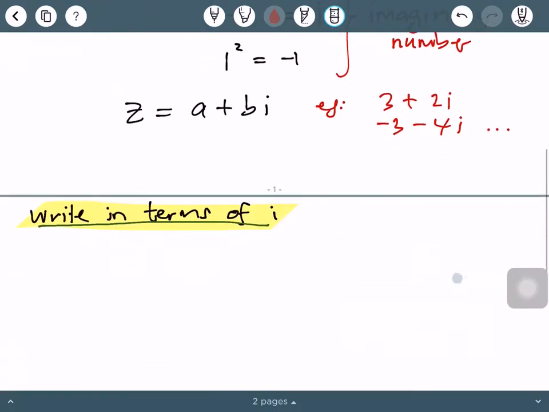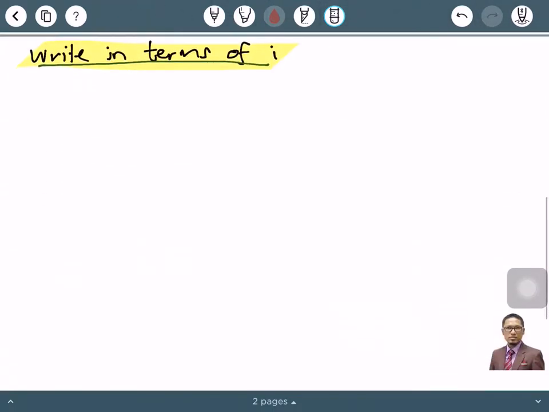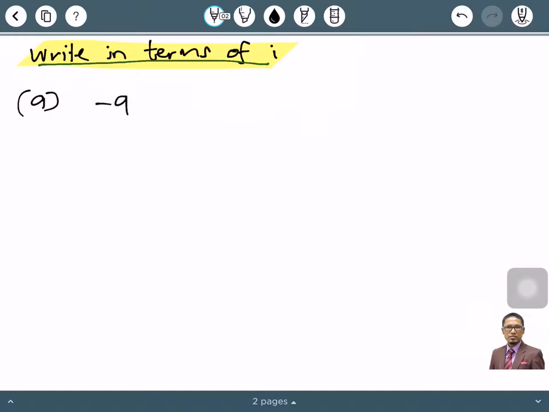Okay, contoh soalan yang melibatkan pengiraan involving imaginary number. There are 4 examples. Number 1, simplify square root of negative 9. We must crack negative 9 as a product of 9 times negative 1.